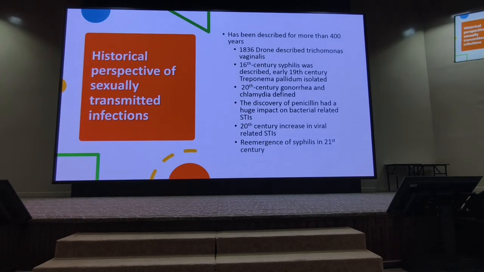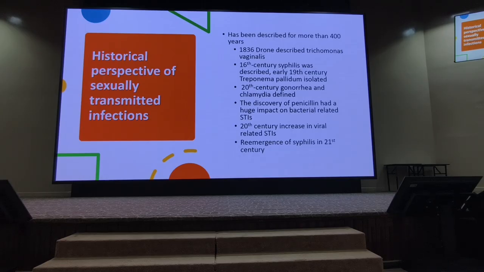Now, historically, sexually transmitted disease, as it used to be called, has been around for many, many years, more than 400 years. It was initially called sexually transmitted disease, but somewhere around 2000 it started changing, and by 2010 most people call it sexually transmitted infection, because the pathogen causes infection, not yet a disease.